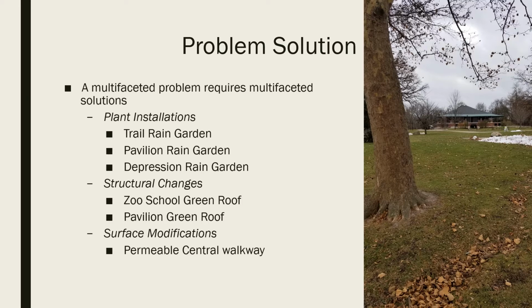So one of the things that we've learned about in this class and in some other coursework at Grand Valley is the installation of rain gardens. So we're looking at installing 3 of those in different locations in the park. One of them at the bottom of the trails, the steps that run through the center of the park.